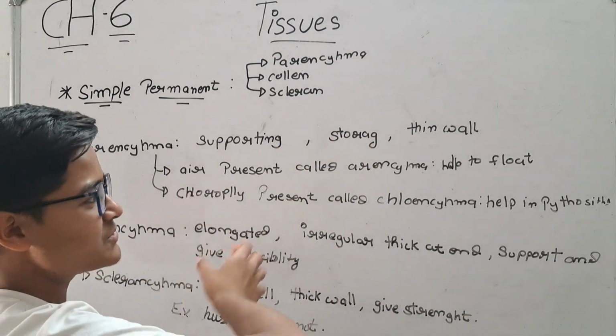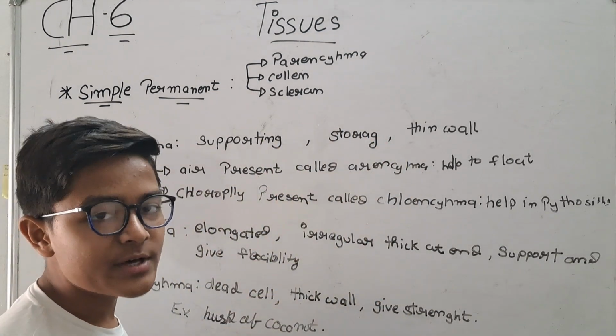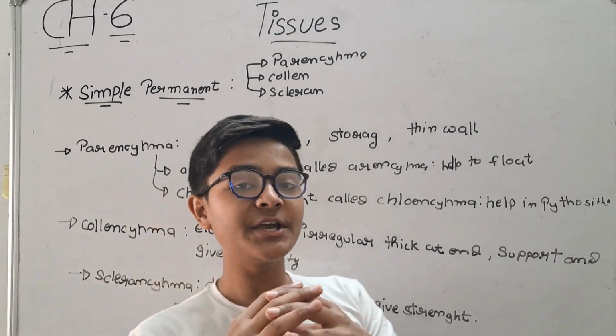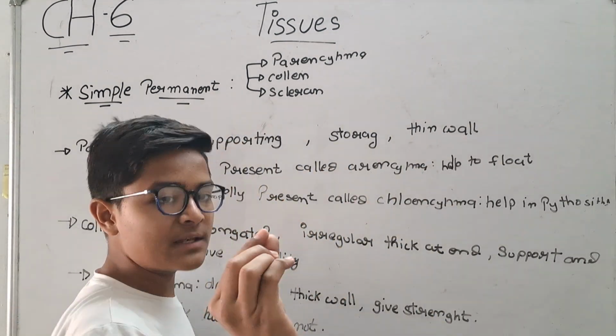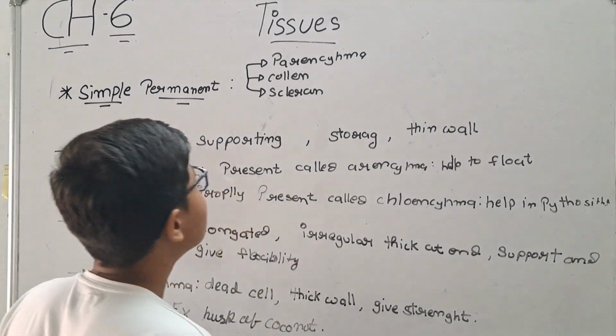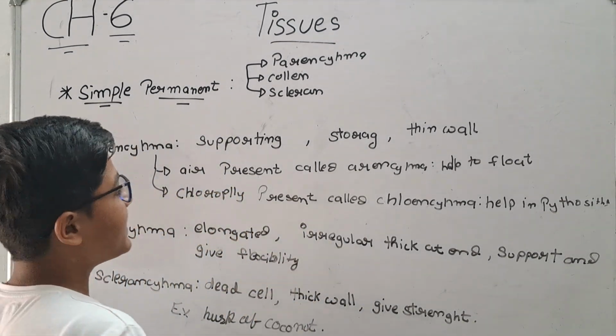These are plant tissues. It stores food because a large air cavity is present, and its walls are very thin. There is another type of parenchyma.